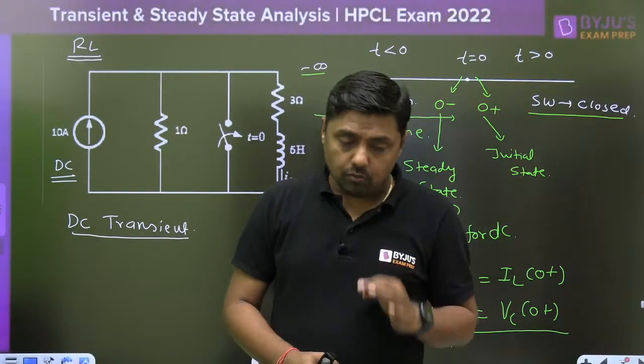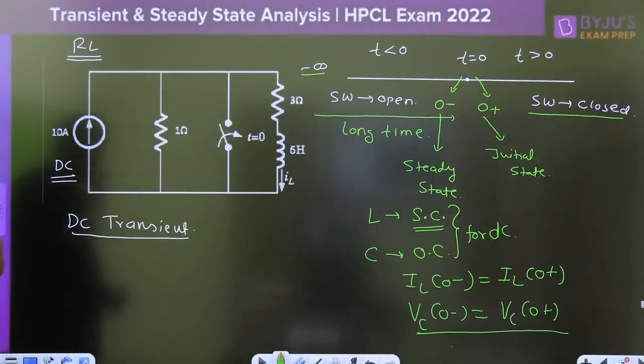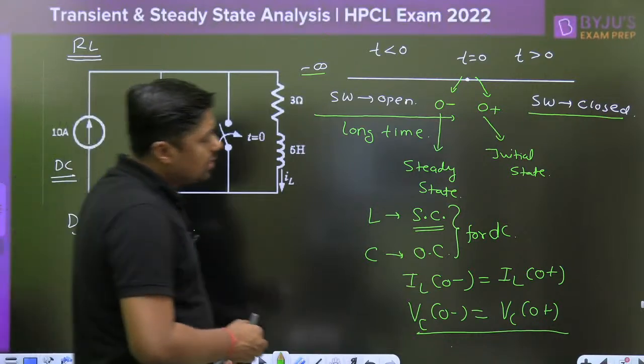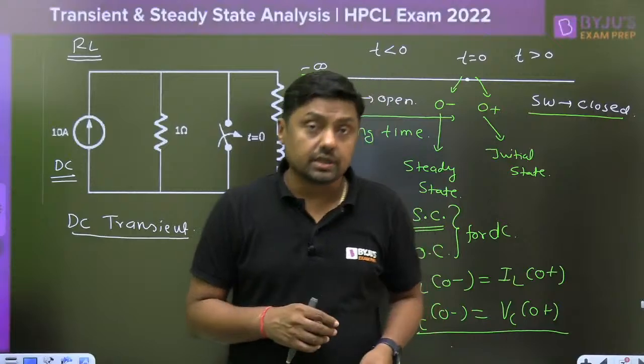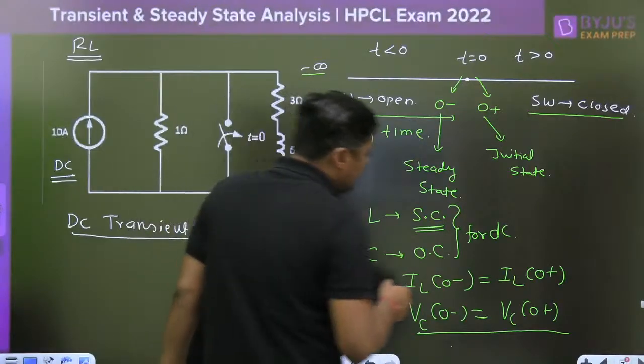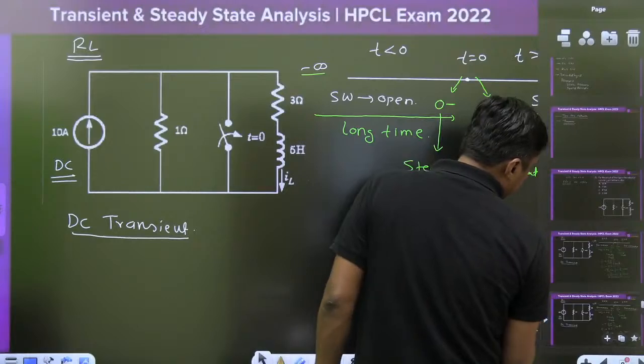Right? Now, in this question, an inductor is given, and the switch is open for a long time, means the circuit reached what? Steady state. When the circuit reaches steady state, the inductor acts as a short circuit. So exactly, if we are going to solve it, remember that.